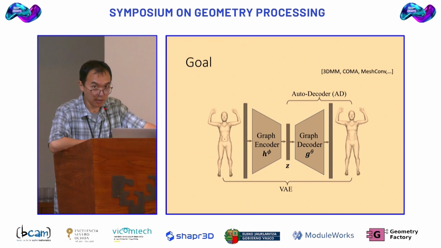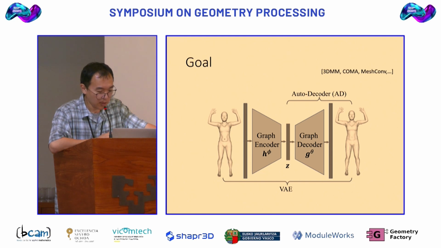A mesh is a specific graph. I will not talk about the network architecture. We have a latent code, the output is a mesh. We change Z, we get the same mesh topology, but different mesh vertex locations.